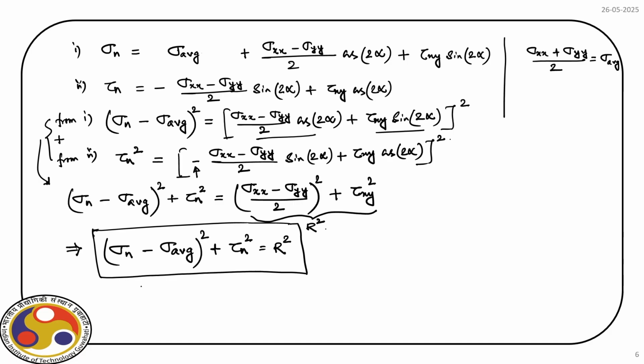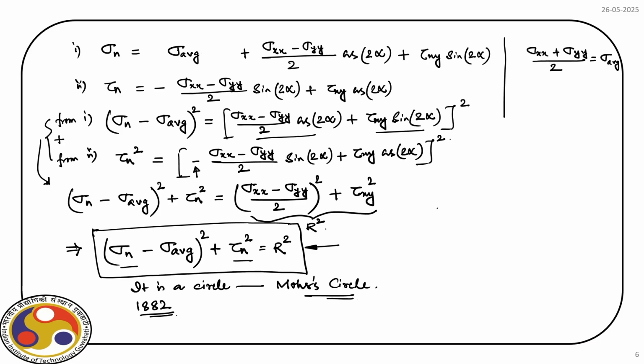What is this equation? It is a circle, and it is called Mohr's circle. Christian Otto Mohr derived this expression in the year 1882. In his name, this equation is called the Mohr circle of sigma n and tau n.